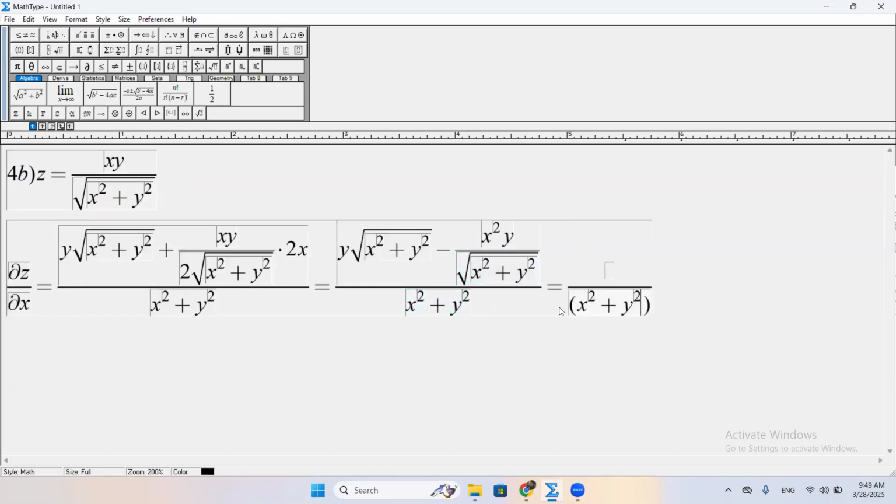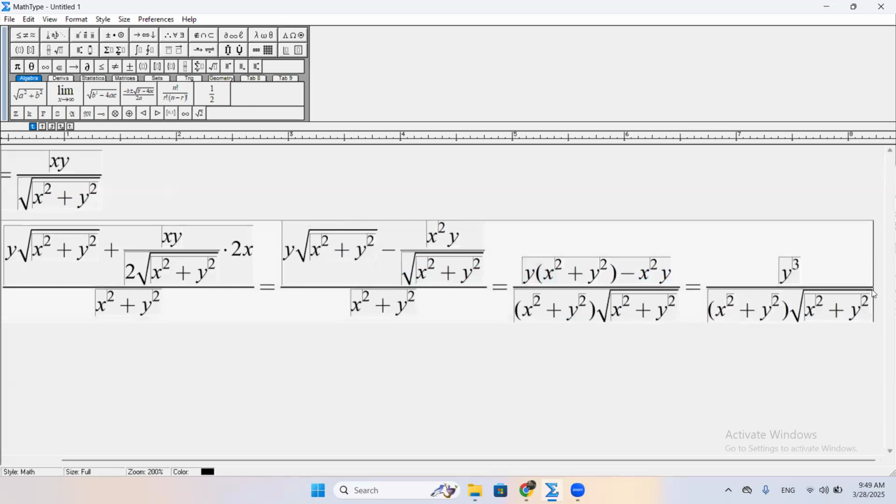And what will I receive? Here I will have y by this expression minus x square y. So it will be simplified. We can see that x square y will be cancelled, and we will have y cube divided by this expression.